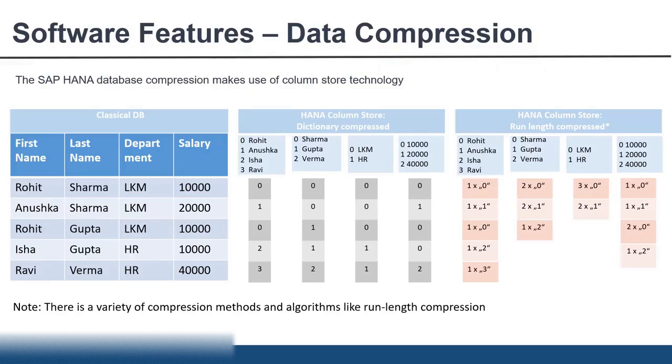However, please note that the compression algorithms are not limited to whatever you can see on the screen. There are multiple such compression algorithms, and the system decides which algorithm to execute for which table. So this is the first reason why SAP recommends using column store tables instead of row store tables.